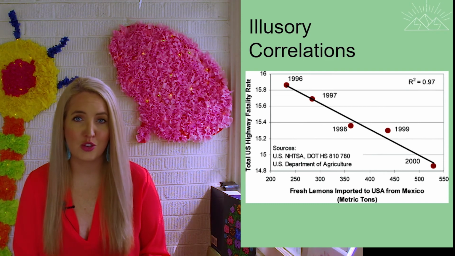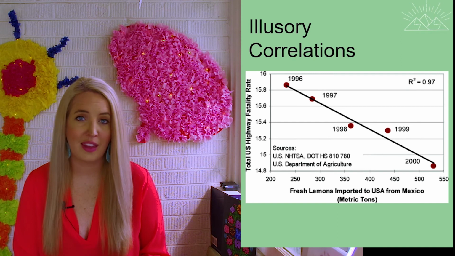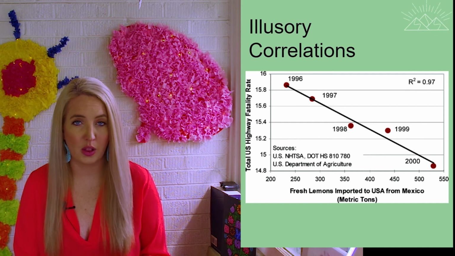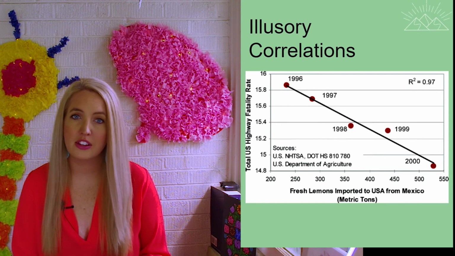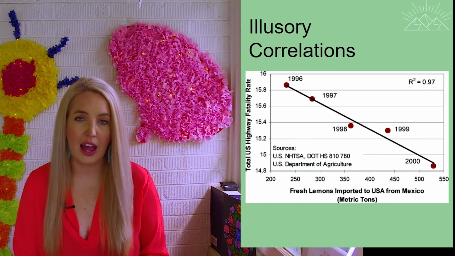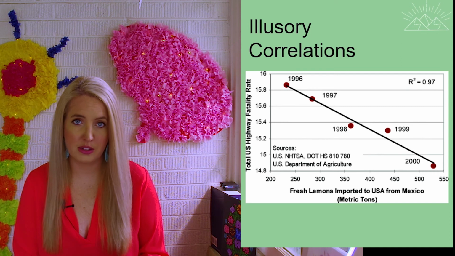Here we see a strong negative correlation of negative 0.97. That seems like a pretty strong correlational relationship here. But again, the more lemons we consume does not make us safer drivers. But this is the risk that we run when we look at correlations and we turn them into cause-effect relationships.